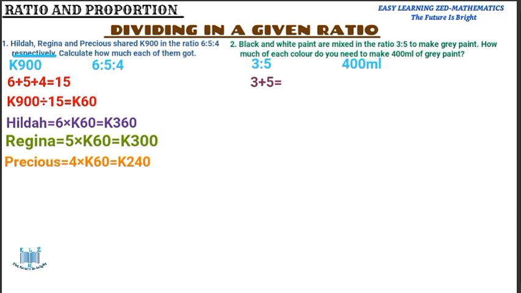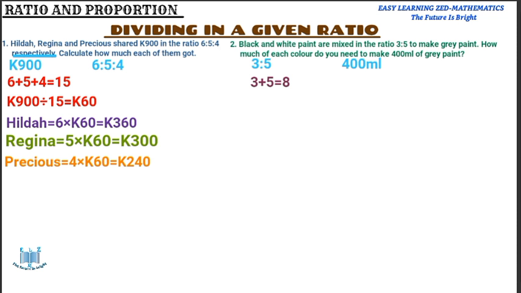So we are going to add 3 plus 5, which will give us 8. Once we've gotten 8, the next thing we're going to do is find how much black paint we need and how much white paint we need to make 400 mils of gray paint.